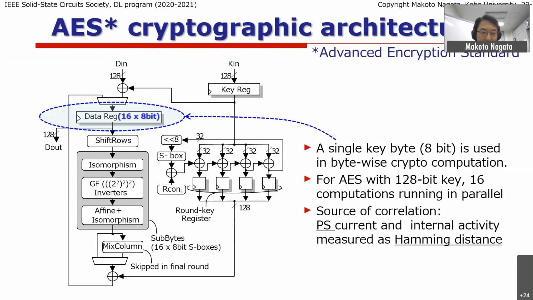Therefore, the function between the D out and the D in will not be disclosed or resolved by an attacker. But if an attacker can measure the EM waves or power currents, then the attacker may see some correlations between the internal operation of the AES and the collected power currents.